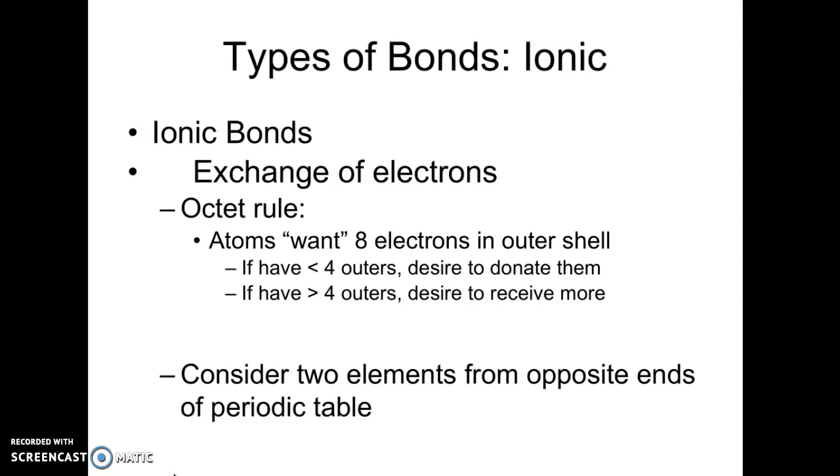Ionic bonds, what you need to know about ionic bonds is to remember that they are exchanging electrons. So they're exchanging, they're giving or receiving. So that octet rule comes into play. So when the atom wants to have 8 electrons in its outer shell, it depends on whether it's going to donate or receive.